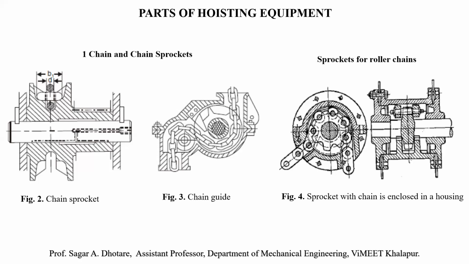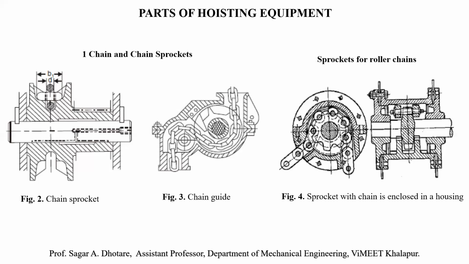Second one is the roller chain. Roller chains are composed of plate links hinged or joined by pins. The chains may be made of two plates or heavier duty with up to 20 plates. The roller chains are used for both hand operated as well as electric overhead crane driven operation.